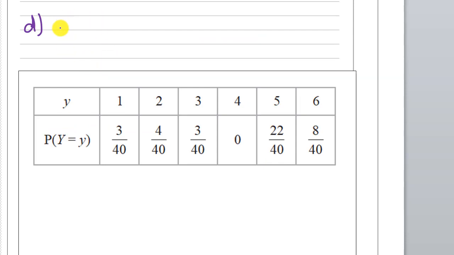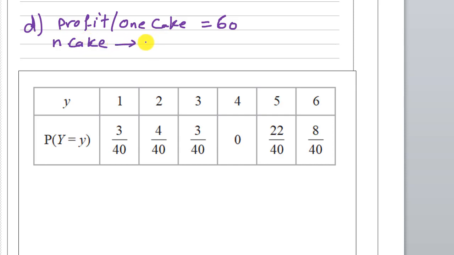Let us write the equation. Now, profit per one cake is equal to 60. So for n cakes, profit is equal to n multiplied by 60 as long as n is less than 4.